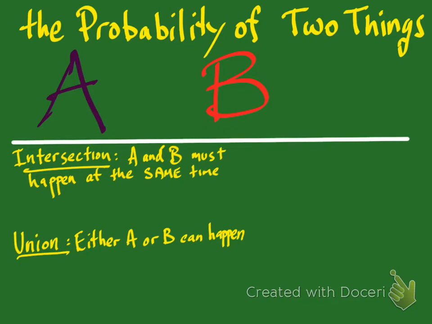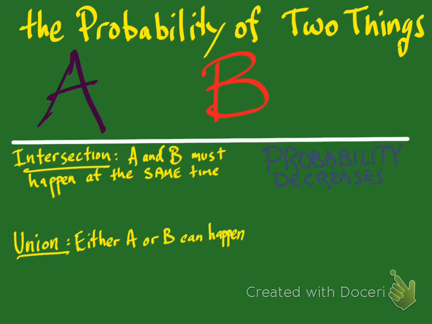Now, if you think about this for a second, remember, probability is always a fraction. So if A and B must happen at the same time, that means my chances are going to go down. My probability will decrease, because it's just harder to get two things to happen at once as opposed to just one thing happening.